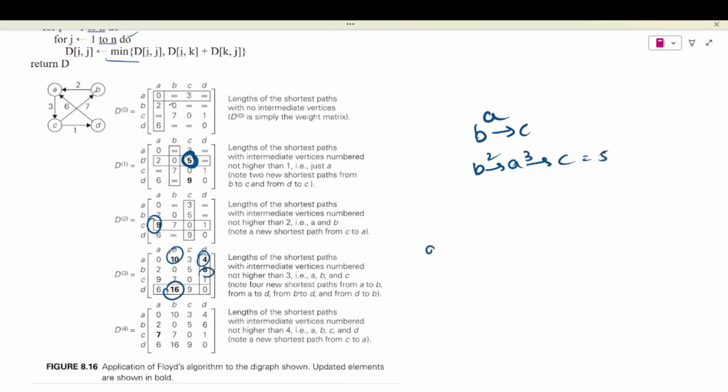Again D to B you got through C, that is D to C, C to B. D to C how much is it? Sorry, it's not through C. One second.